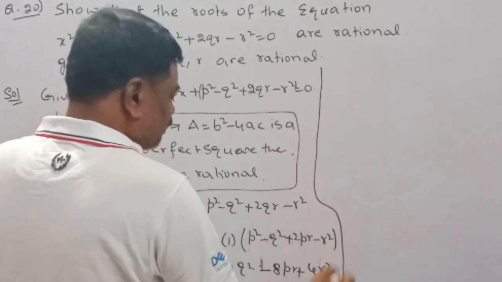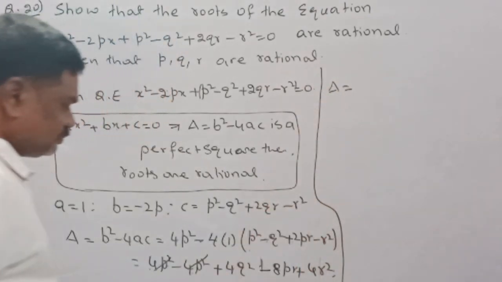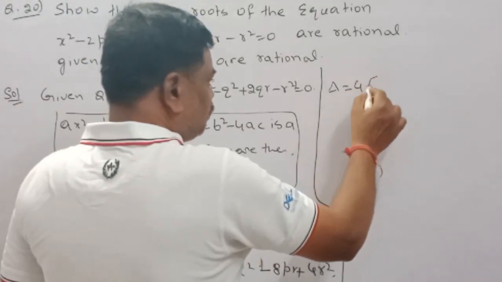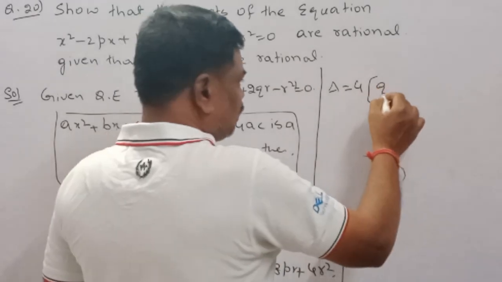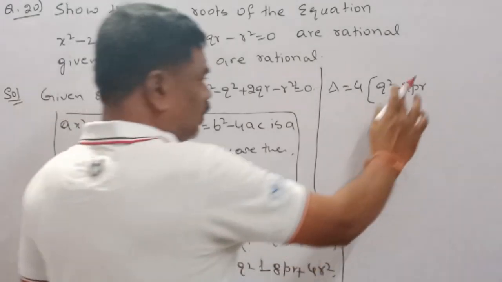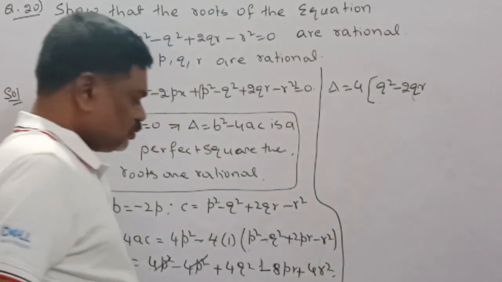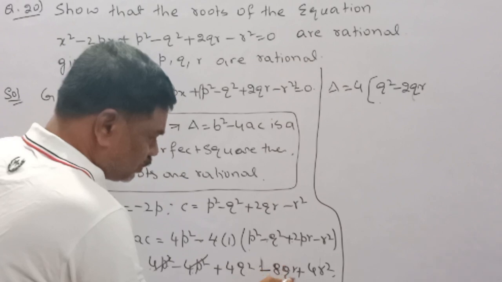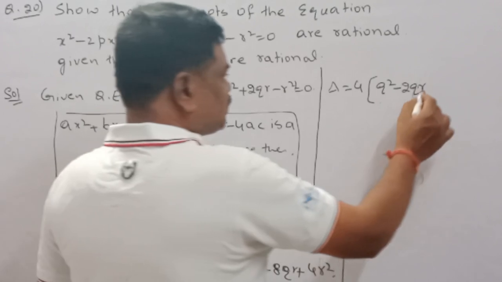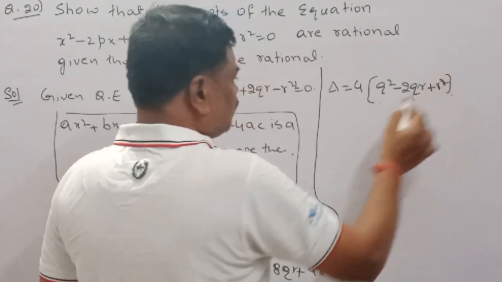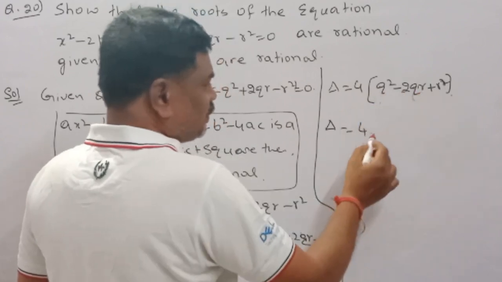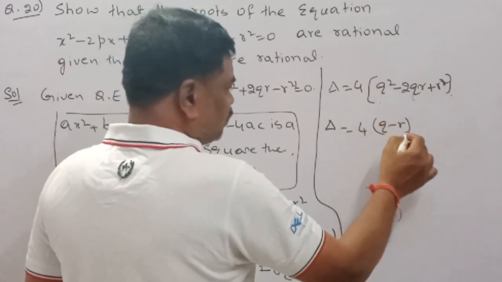Then what is delta? Delta is equal to, in this case 4 as common, 4 into q square minus 2qr plus r square. Okay, so delta is equal to 4 into a square minus 2ab plus b square, q minus r whole square.